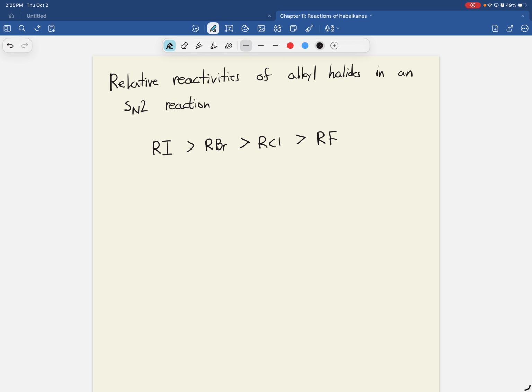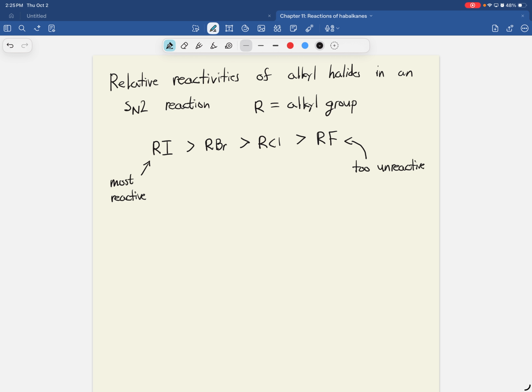All right, so R here just stands for alkyl chain. So let me just say that. R equals alkyl group. Okay, so here, most reactive. RF here, too unreactive. So this is the least reactive.